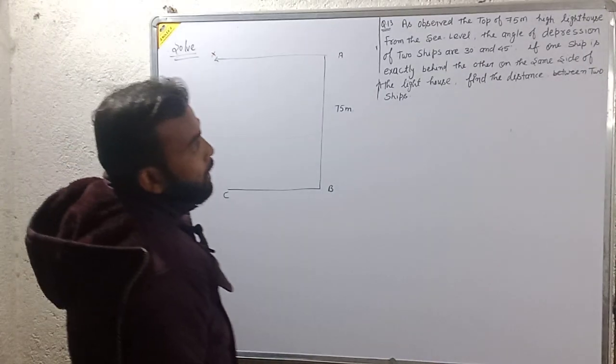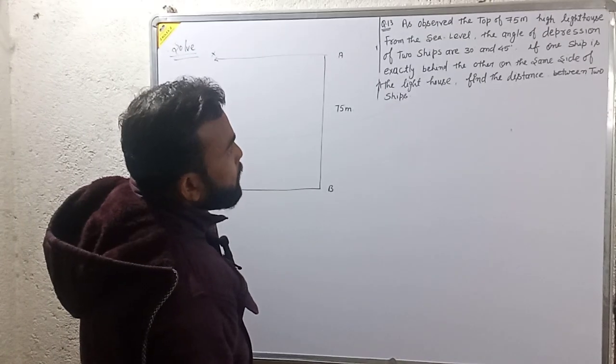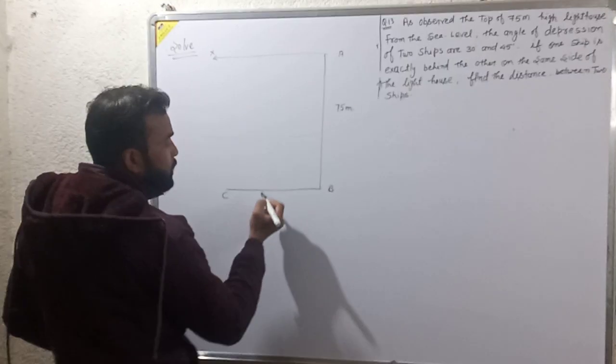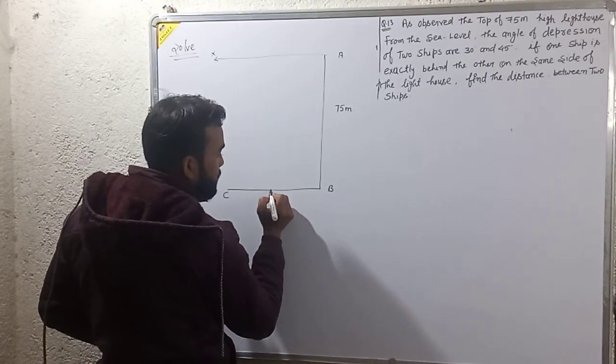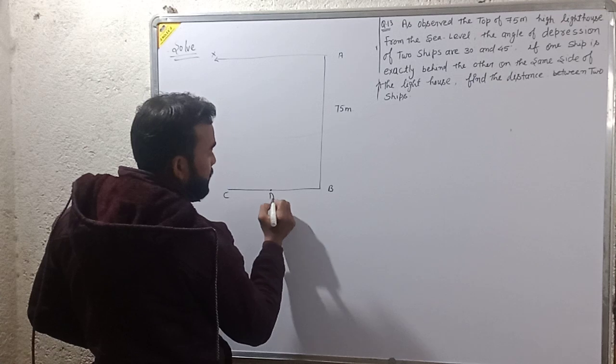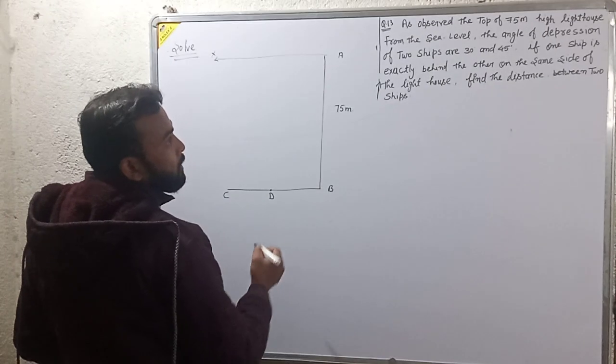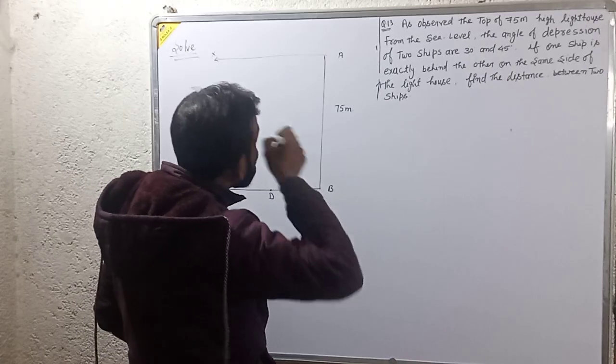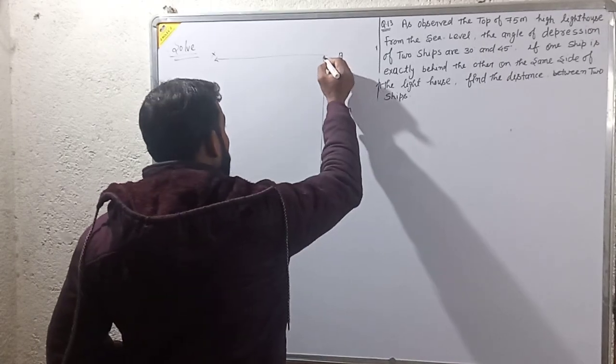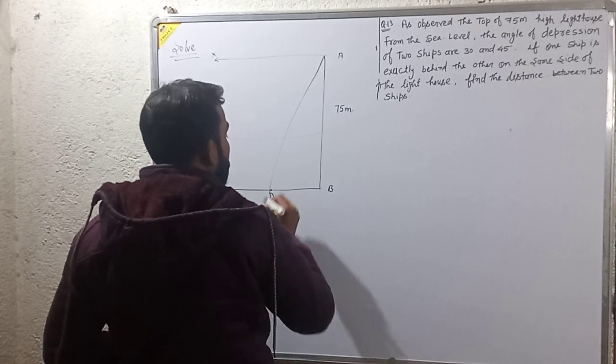Here are the depression angles of the two ships. Let the position of the first ship be here, and this is D. The depression angle from the top of the lighthouse is 45 degrees.